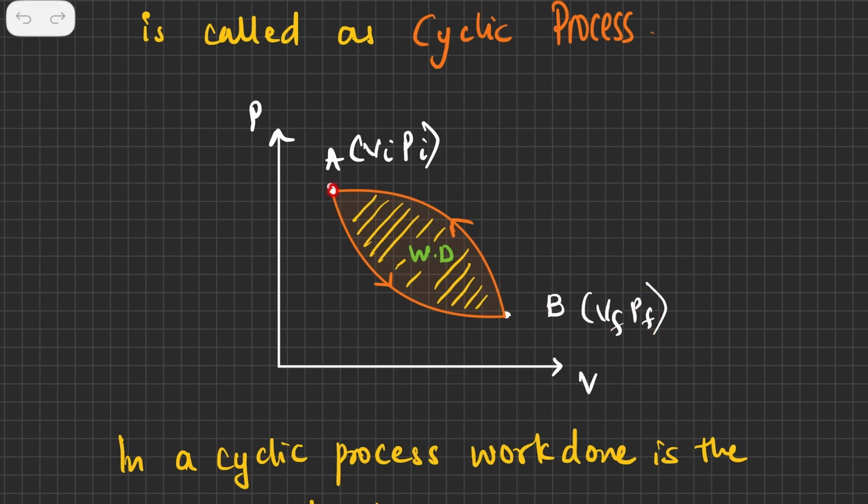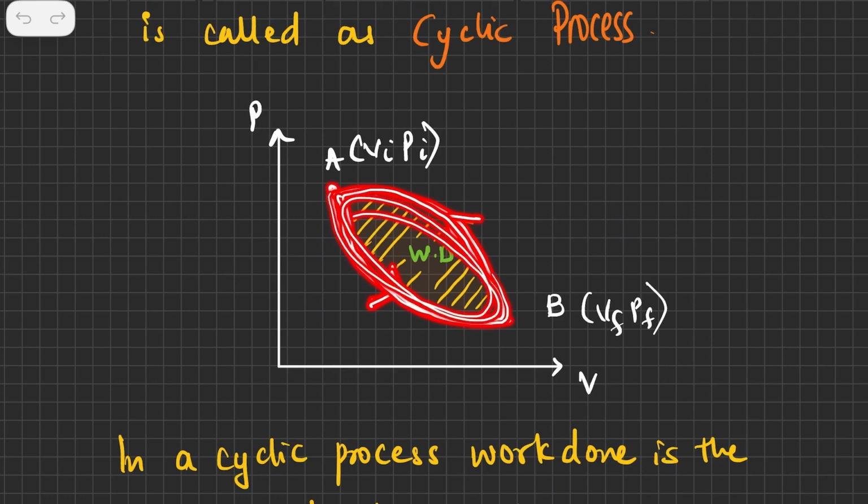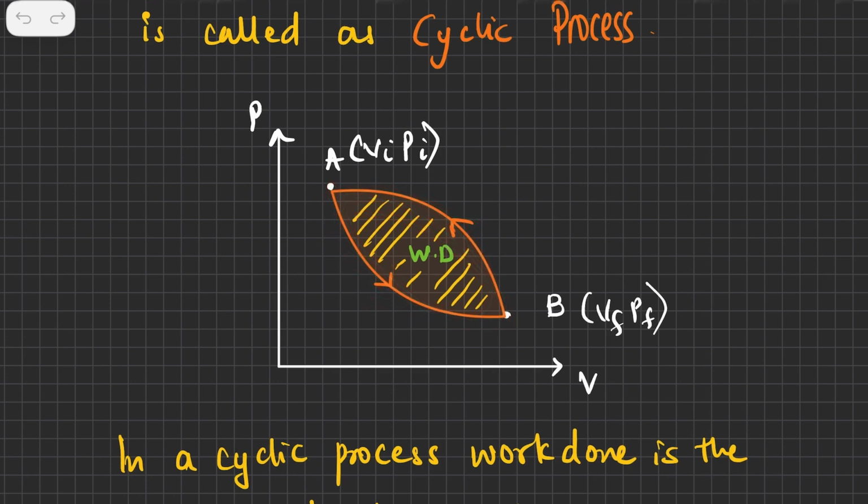Let's assume the process goes from A to B along the curve on the lower side, and then goes back to the initial state along the upper side, and it keeps on doing that. A to B, then B to A, and this process keeps on continuing.